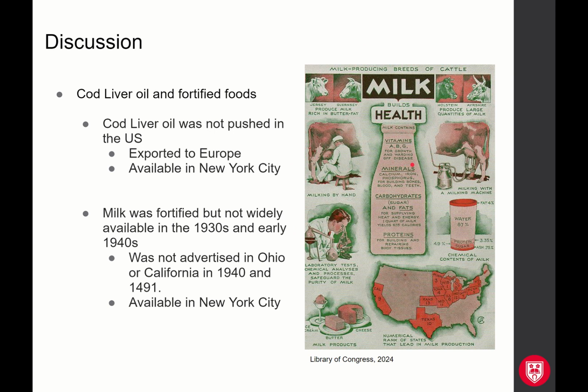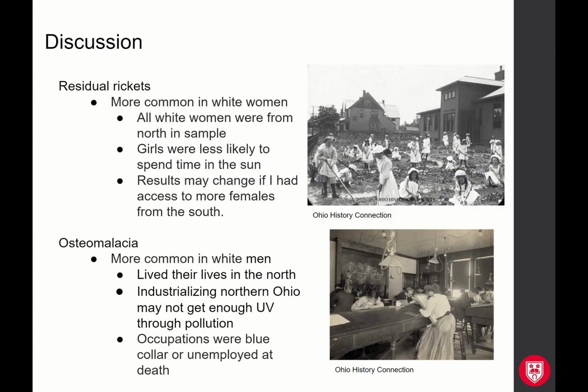I did find evidence of vitamin D added to milks in New York City and along with beers in New York City. But again, Ohio and the surrounding states and California and the surrounding states did not have access to fortified milk. So these are variables I don't have to include when I'm thinking about causes of vitamin D deficiency.